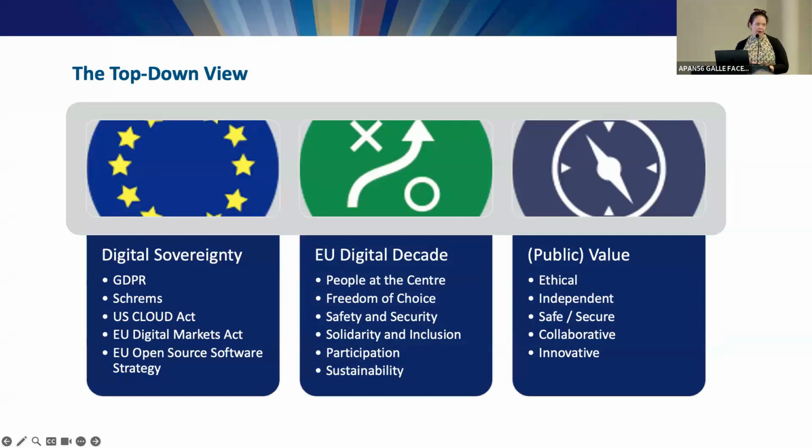There's things like GDPR, which talks a lot about owning your own data, making sure the data of your users is looked after well. There was the Schrems case, which challenged exchange of information with the US, for example. We've seen things like the US Cloud Act come in, which is causing people a lot of concern. CLOUD stands for Clarifying Lawful Overseas Use of Data.